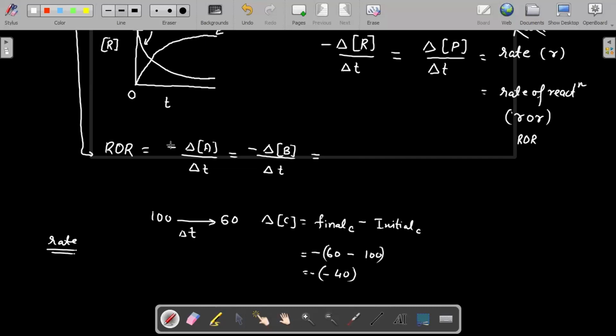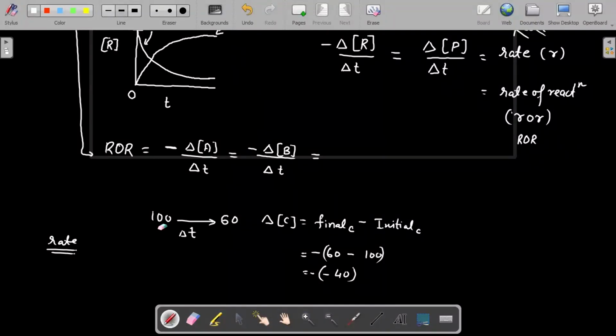See the minus sign here. That will give me a rate. Whatever answer comes in the calculation will always be positive, or else I have to write it in a statement way, that the concentration of A is decreasing at so and so rate.